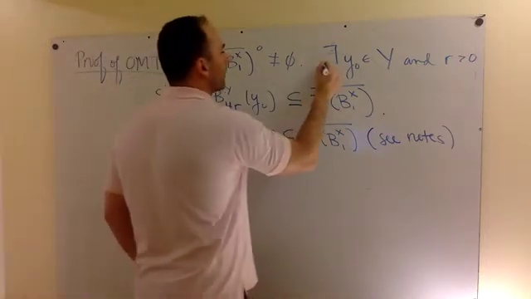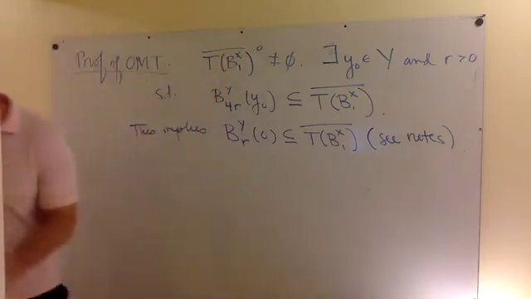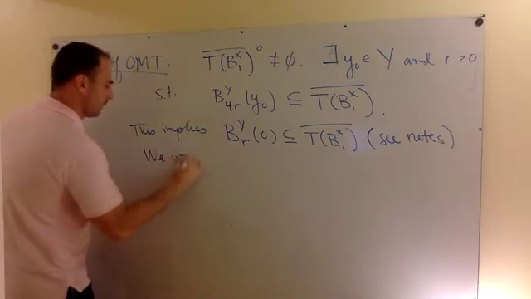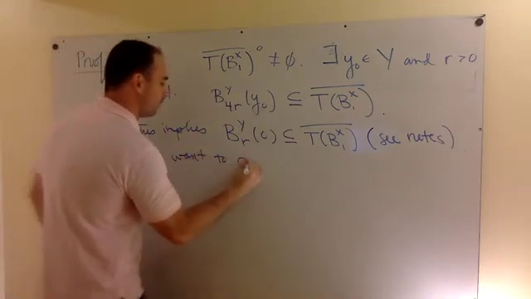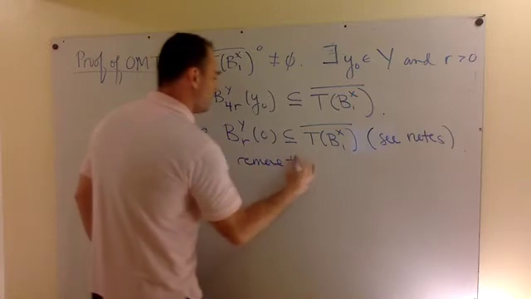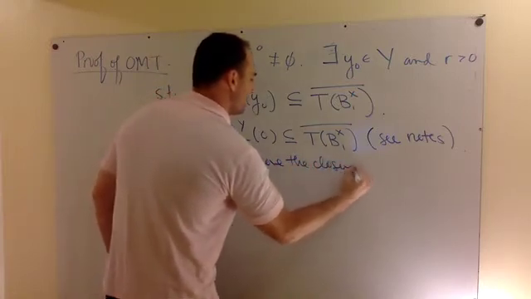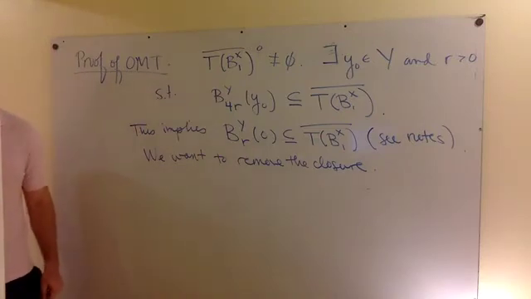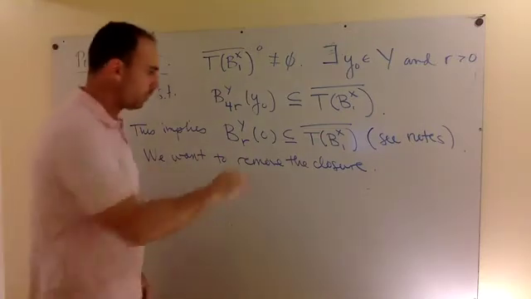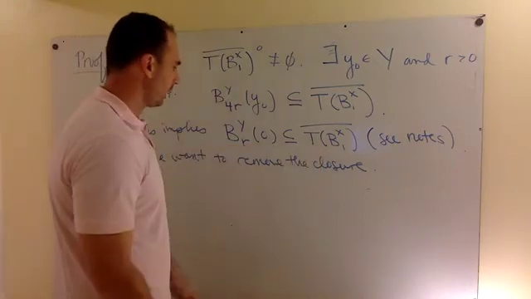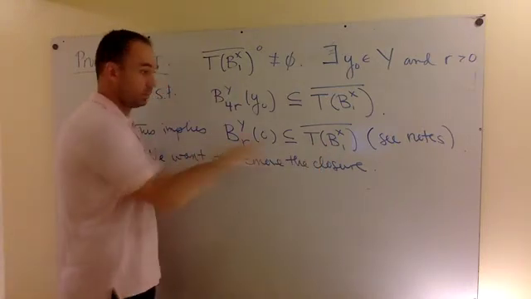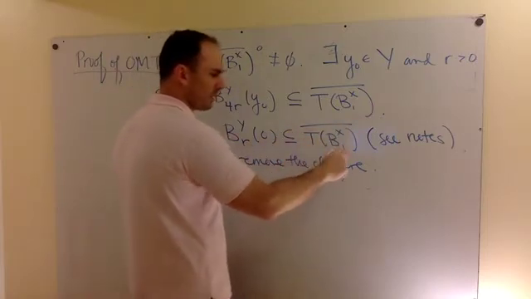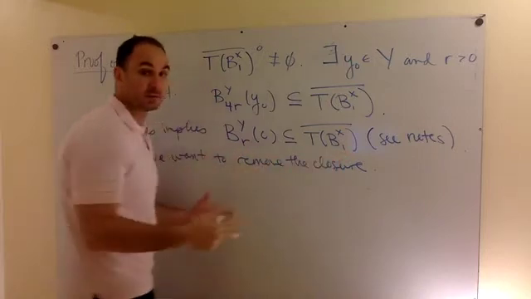All right. Okay, so let's work with this. So now we want to remove the closure. Okay. So that's what we want to do. Well, notice one thing, I can scale this. If I divide by 2 on both sides, since it's a linear operator, by the way, it pulls through the closure and everything, that changes this to a ball of radius 1/2, and this to a ball of radius r/2.